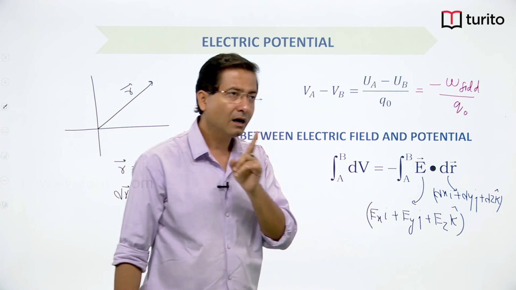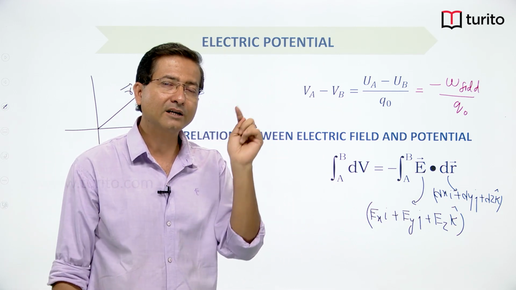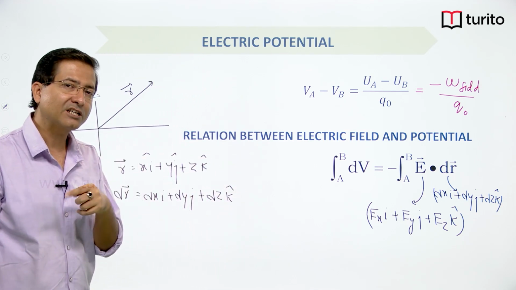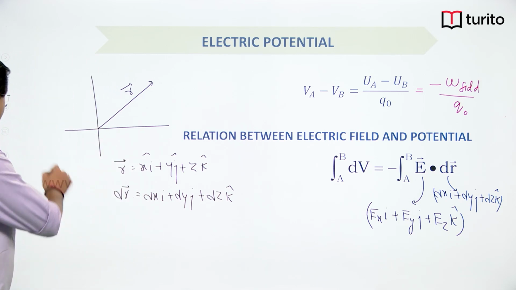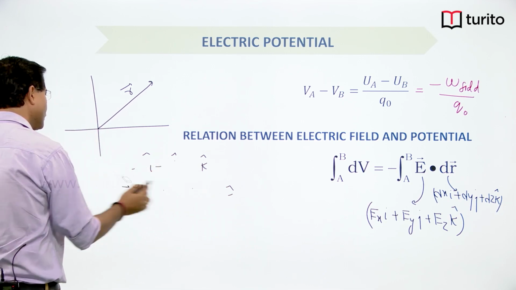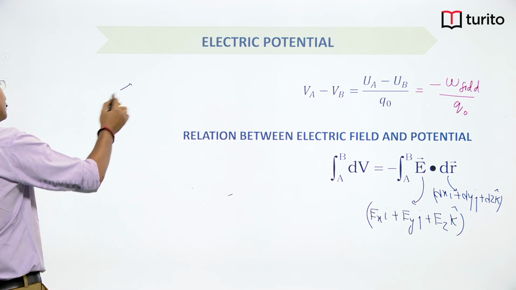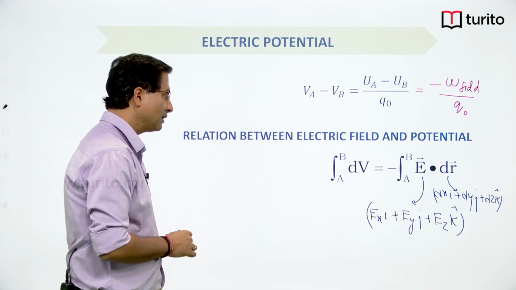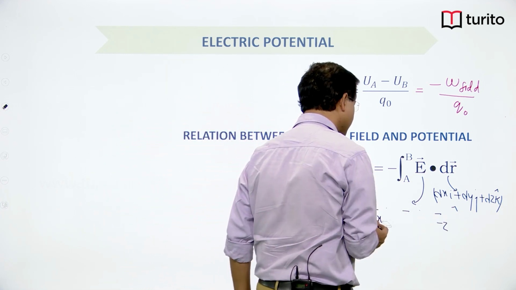You have to see how the potential varies in the x direction, how it varies in the y direction, and how it varies in the z direction, right. So, one thing is sure, that from the potential expression we need to extract out information in 3 directions, along x, along y, along z direction, right.